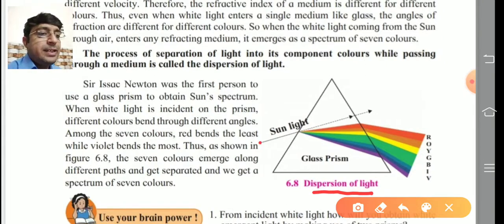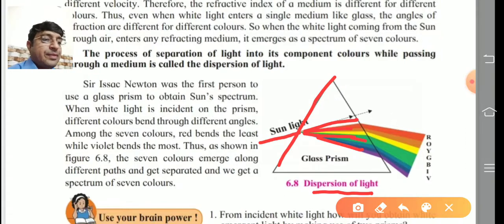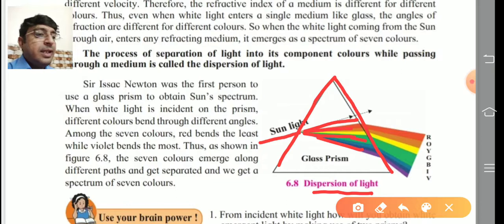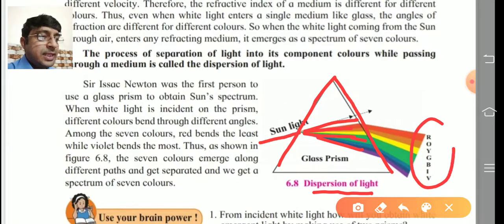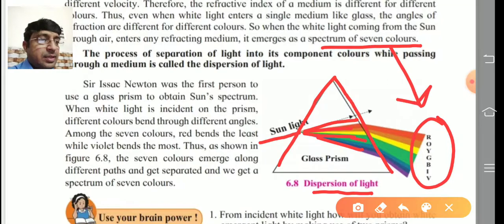It is white sunlight, considered as white light. So first, refraction takes place on this side of the prism, so it is separated into colors, and second, refraction takes place on this side, and we observe the 7 colored spectrum in that order, VIBGYOR.